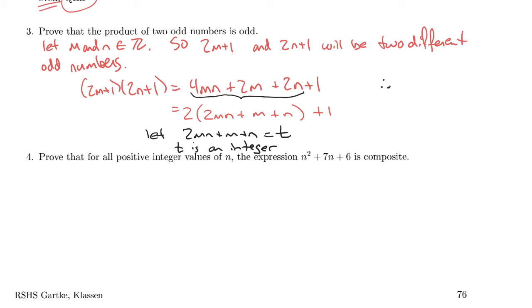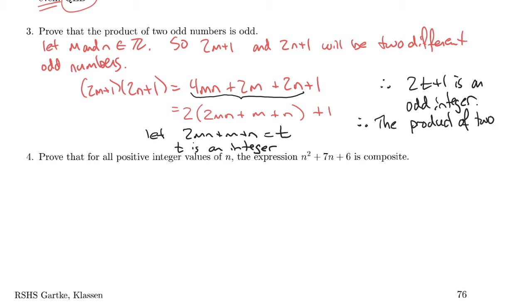So therefore, the result, 2t plus 1, is an odd integer. Therefore, I can go one step further and say the product of two odds is odd.